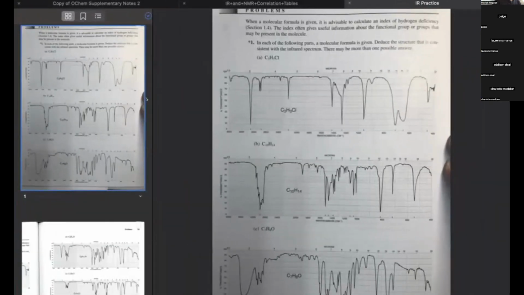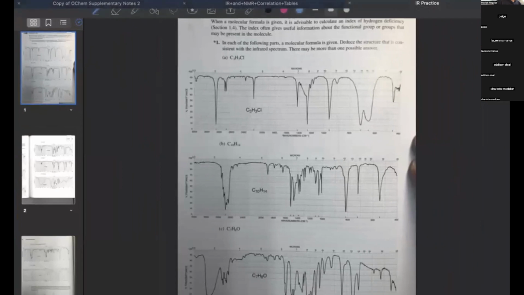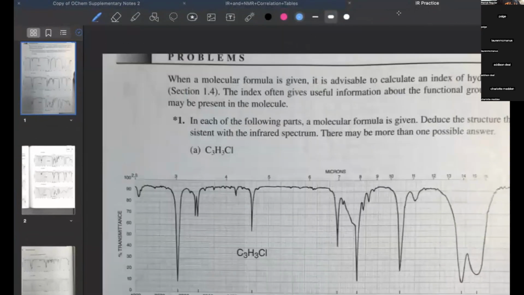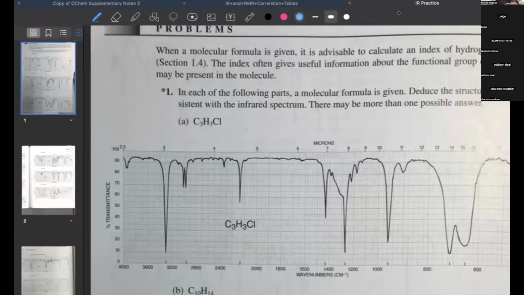Okay. So the two things that we want to preface real quick. Conjugation shifts your peaks to the right.